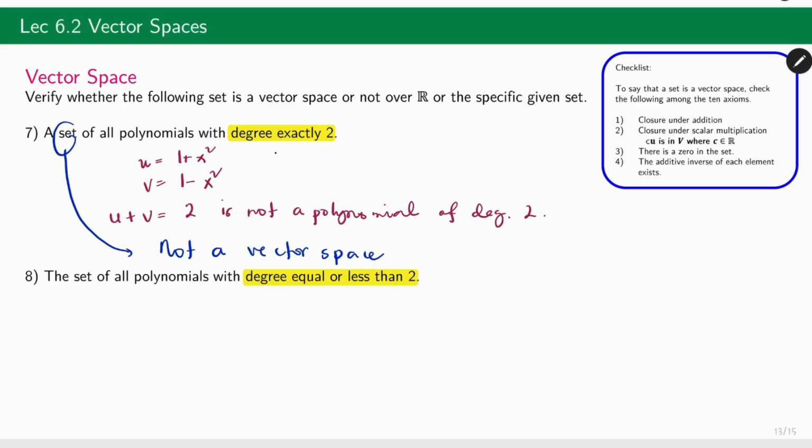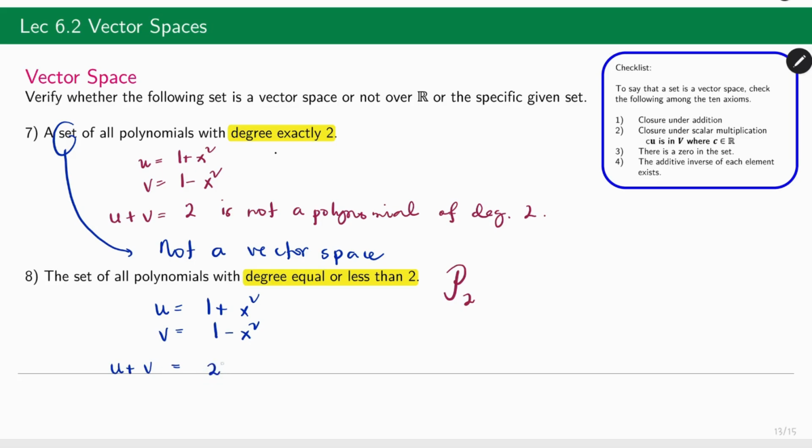Next, suppose that on the 8th item, we also use the same U and V. By the way, the notation for the set of polynomials with degree equal to or less than 2 is script P2. If we take the same values, U and V, take note that these are not vectors, just elements, just to see whether the closure under addition will be true.